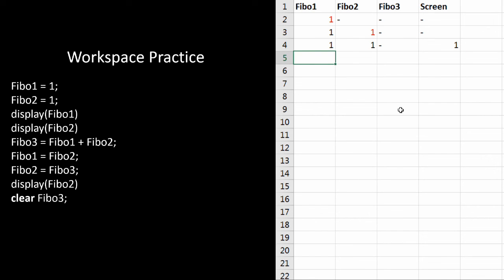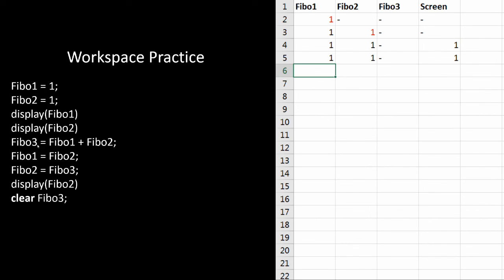Line 4 is just display Fib2. Again, the values aren't changing. We still don't have Fib3, but we have a screen output here, and we're displaying Fib2. We're only displaying Fib2 on this line, and we're only displaying Fib1 on that line.